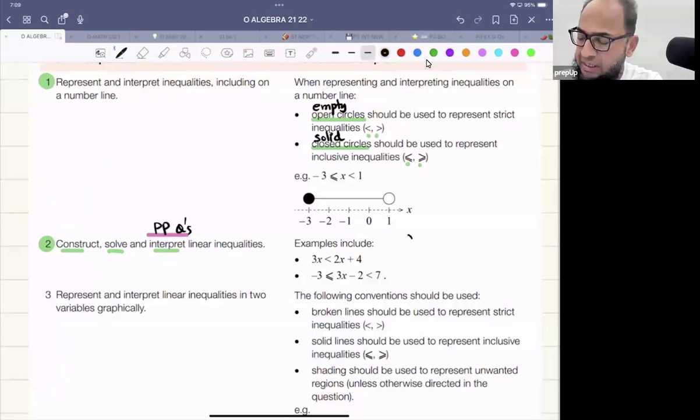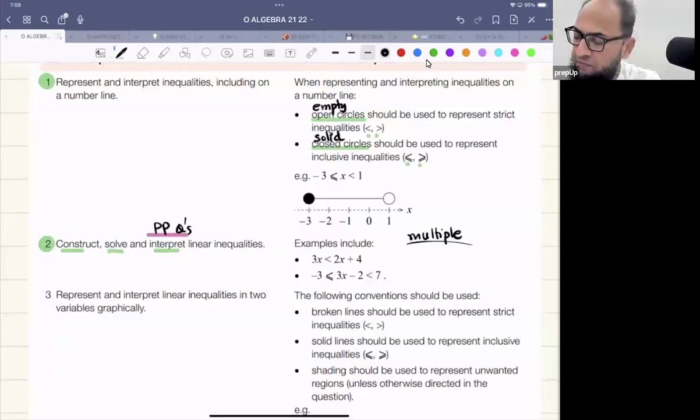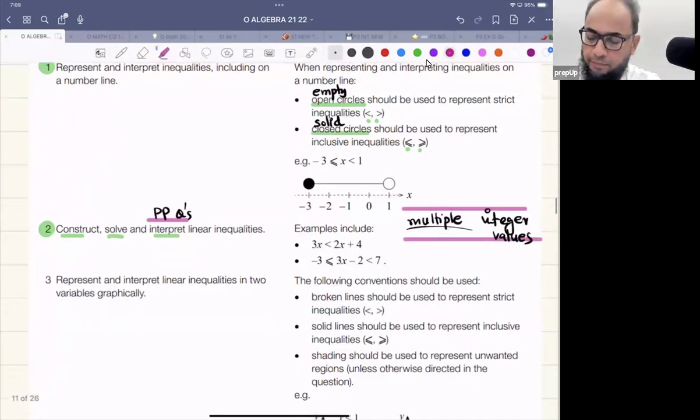Something like multiple or some other words. What are the different multiples? What are the different possible integer values? So the interpretation will be coming on later. So these are past paper questions. So let me just highlight this, something like this, that will be coming later on.